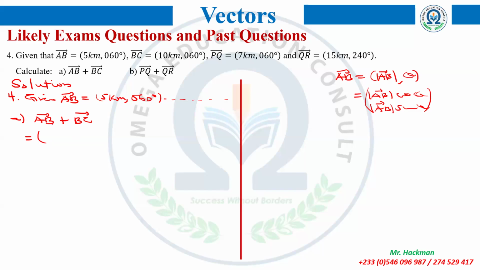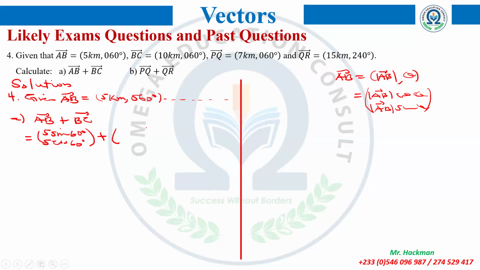So it should rather be my magnitude here, which is 5. Take note of that. Then sine of your bearing angle, and the bearing angle, please ignore the 0, so 60 degrees. Then it will be 5 cos 60 degrees. Is my point well made? That's it for only the AB, then plus, so let's go and do the BC.